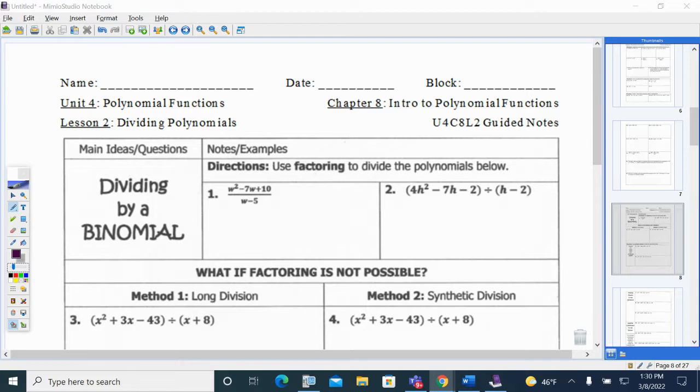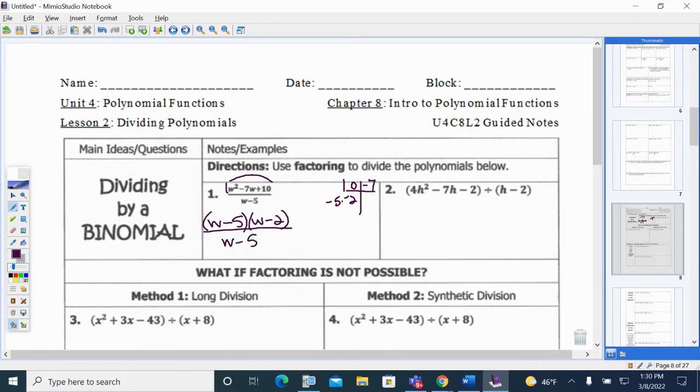So we're going to factor that numerator. We need a number that multiplies to give us 10, that adds to give us negative 7, which would be a negative 5 times a negative 2, because negative 5 plus negative 2 is negative 7. So the numerator is going to factor into w minus 5 times w minus 2, and that's being divided by the w minus 5.